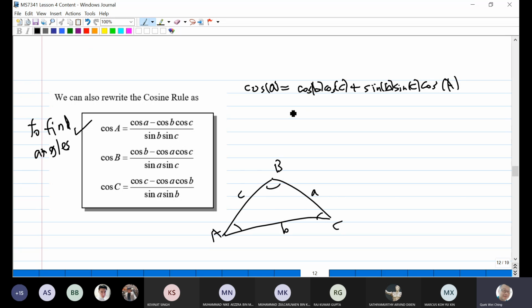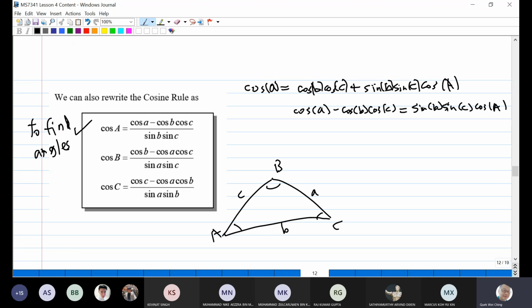I can find cosine A first: cosine A minus cosine B cosine C is equal to sine B sine C cosine A. The left is cosine A minus cosine B cosine C, and the right is sine B sine C times cosine A.